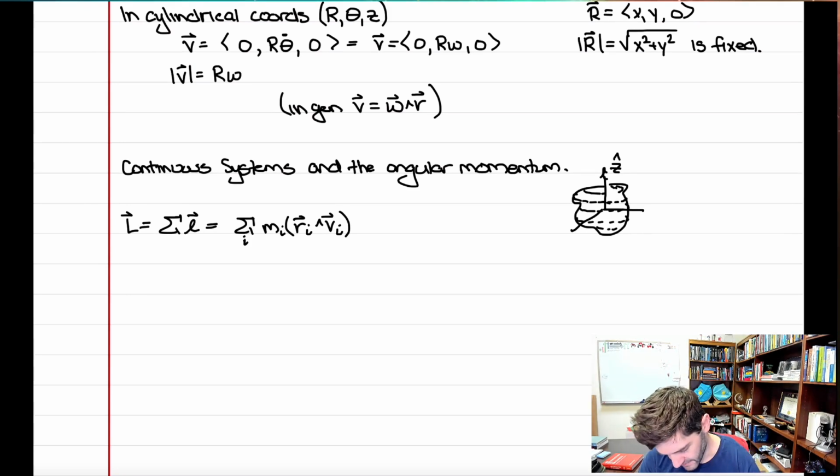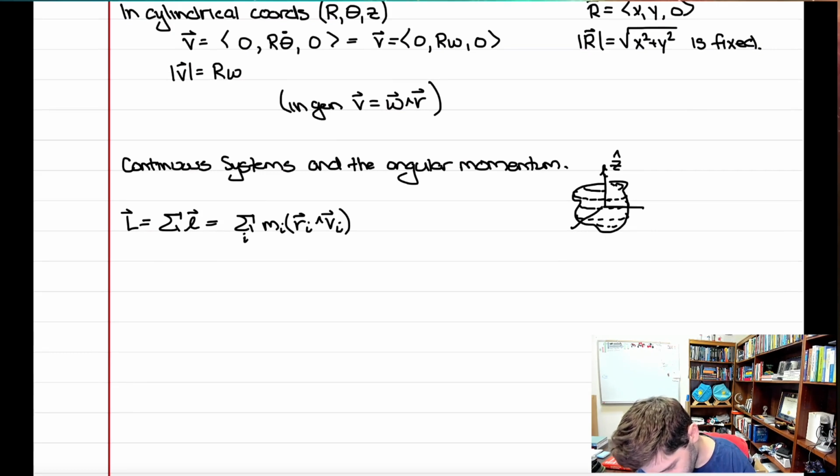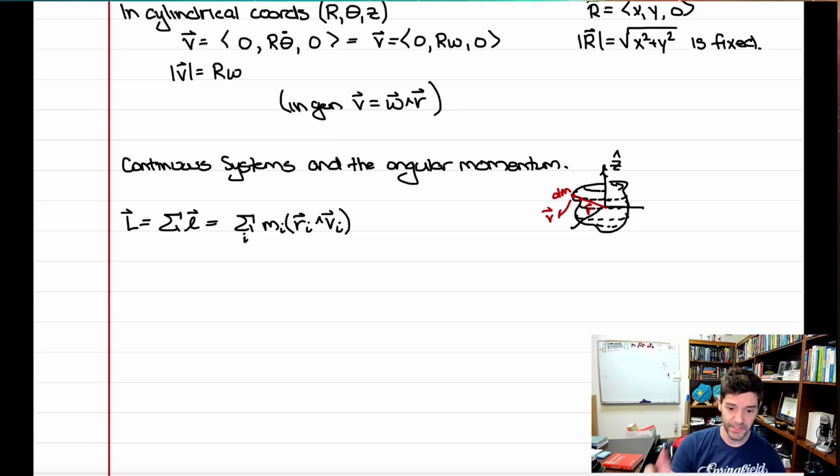As it does this, there could be, say, some particle here, some dm, which has a well-defined position. It might have a well-defined velocity, which particularly if it's a rigid body, there are some relationships between those two.